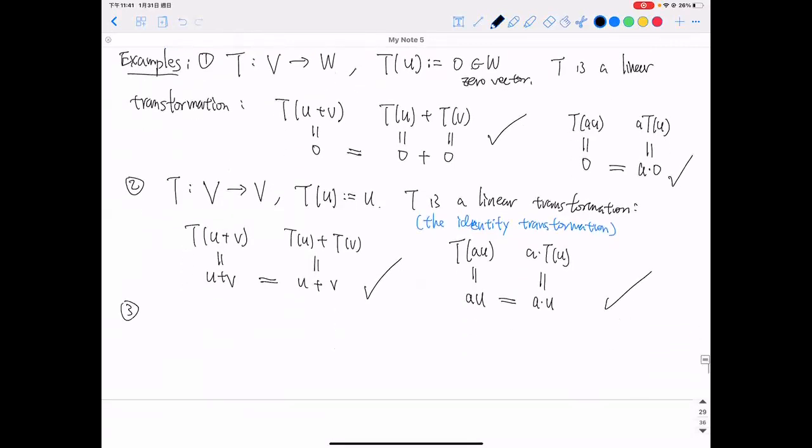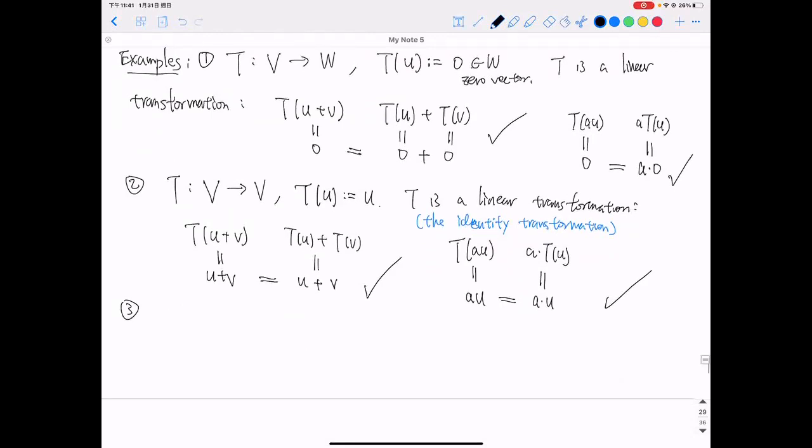Now, let's look at some more specific example. Say, call it T from R3 to R2.